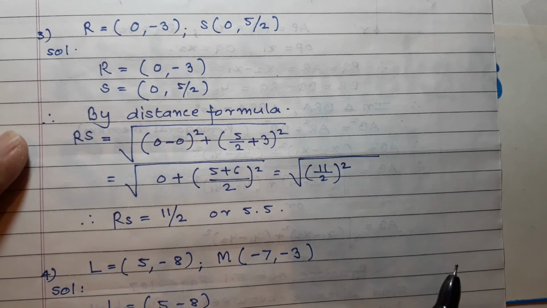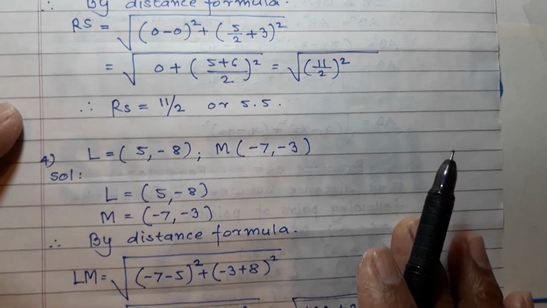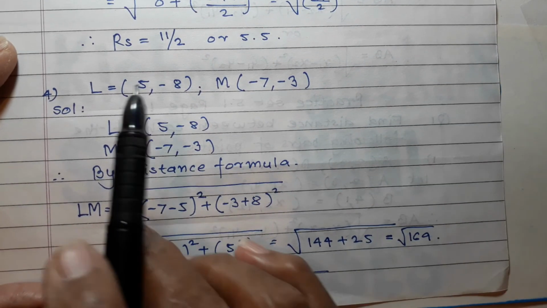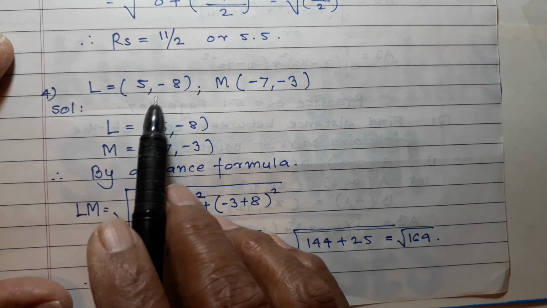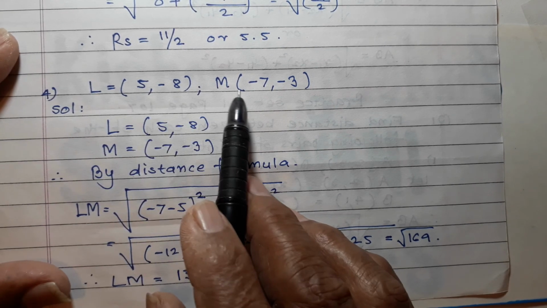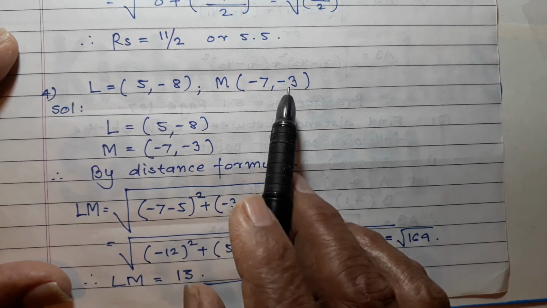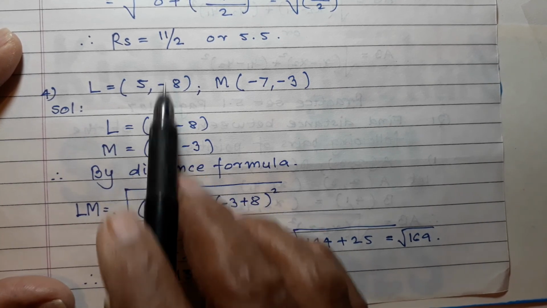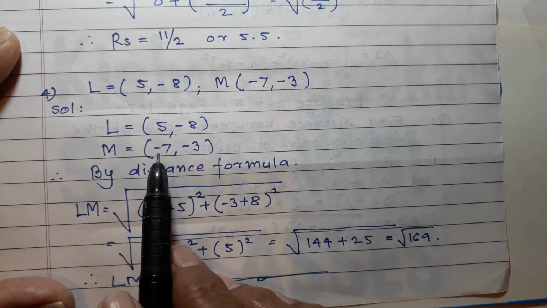Okay, then I will explain you one more example. Example number 4. L is equal to (5, minus 8), M is equal to (minus 7, minus 3). Solution. Write down your points below each other.